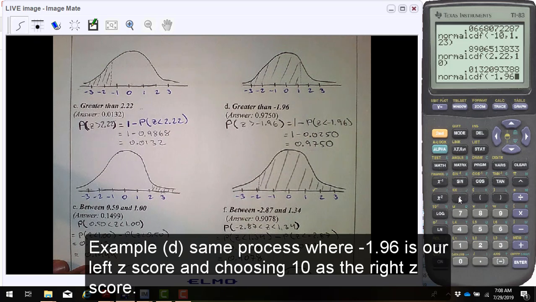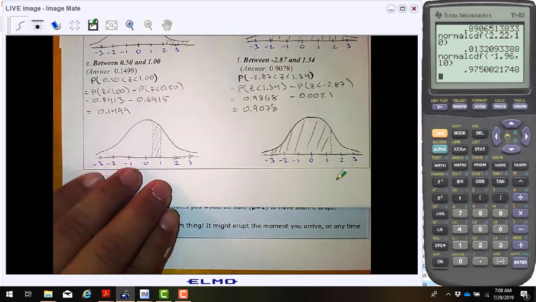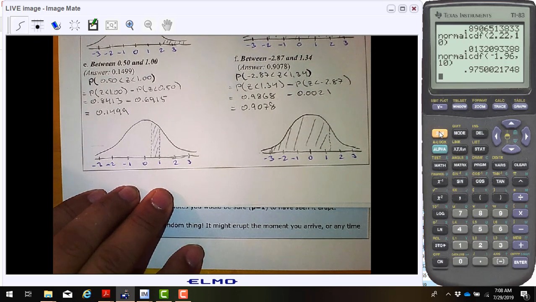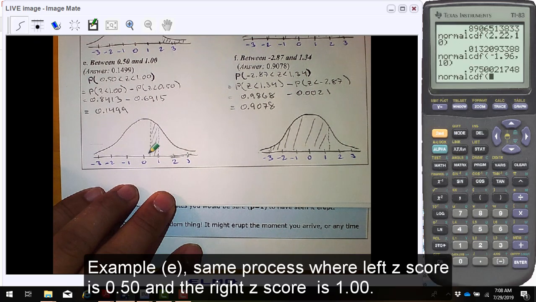Example D, same process where -1.96 is our left z-score and choosing 10 as the right z-score. Example E, same process where left z-score is 0.50 and the right z-score is 1.00.